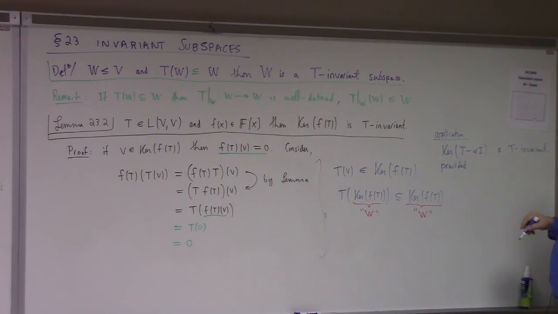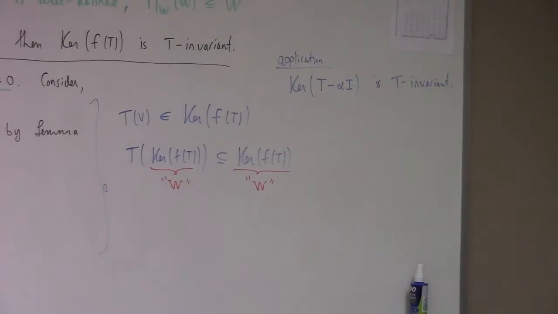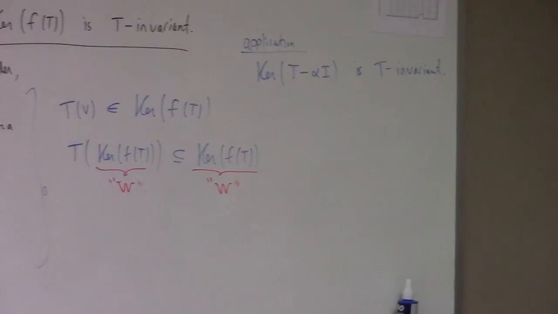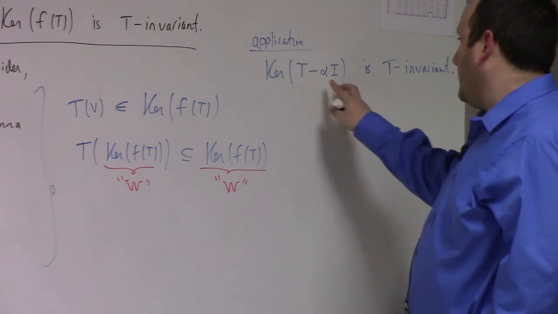Well, I guess provided nothing, but that's a T invariant subspace. That's true for any alpha, because T minus alpha I is a particular polynomial in T. But this is especially interesting in which case? In the case that alpha is an eigenvalue.